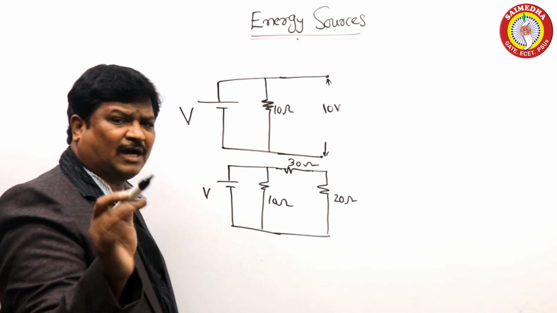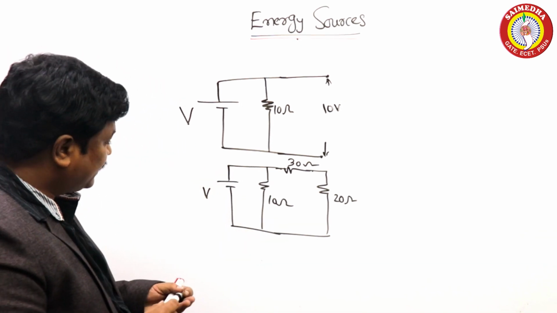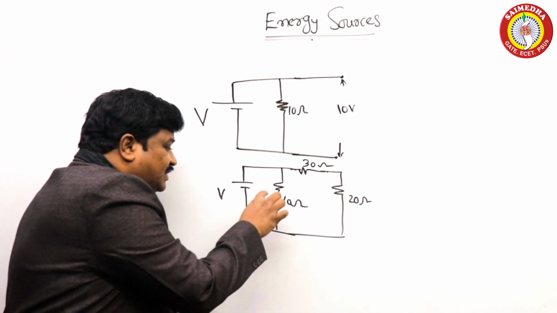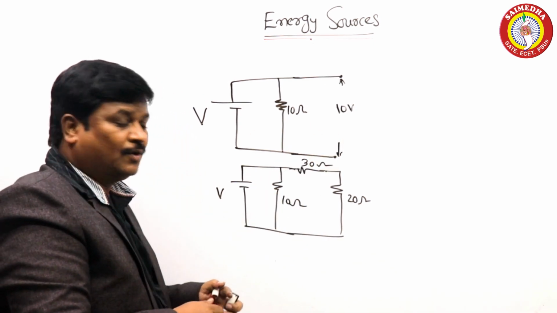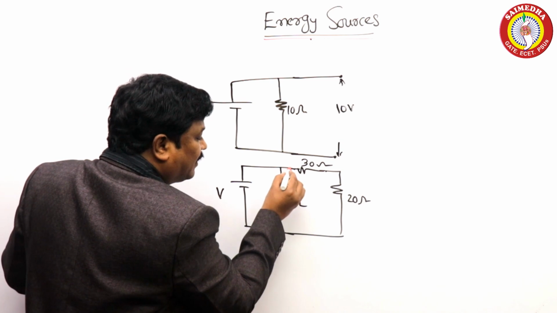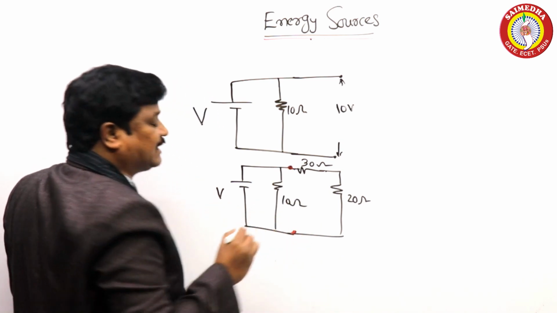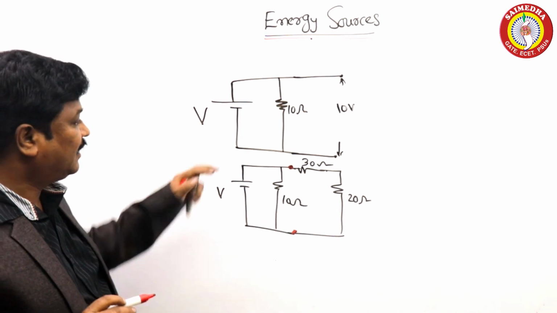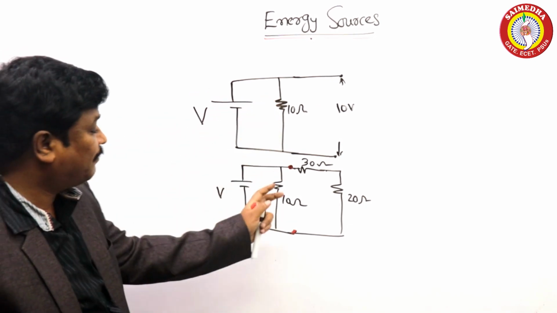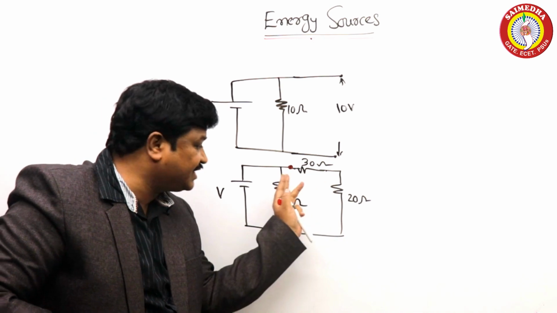Some values you can take, not a problem. Sir, if this resistance value varies from 10 ohms to 20 ohms, what is happening to the voltage across these terminals? It does not change. Here I told you with one example, but something is inserted additionally here.